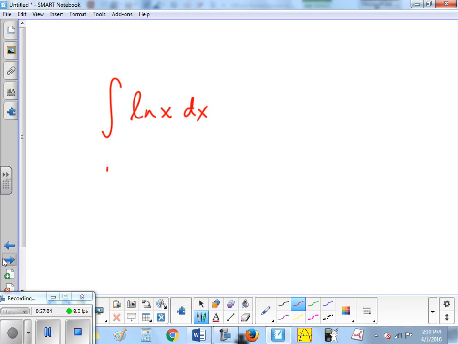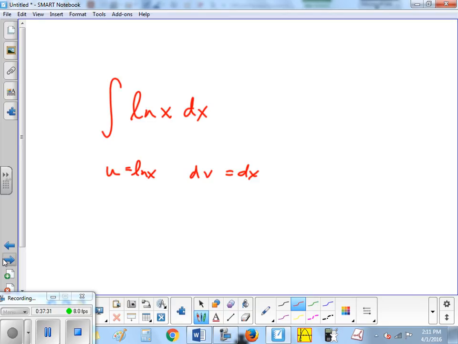So we're supposed to pick a u and a dv. We don't have much choice for u. What do you have? I guess you're just going to have to pick ln x. You don't have a choice, right? So this is one of the beautiful things about IBP: even if you have no other choice and you pick this to be your u, you will learn something new.